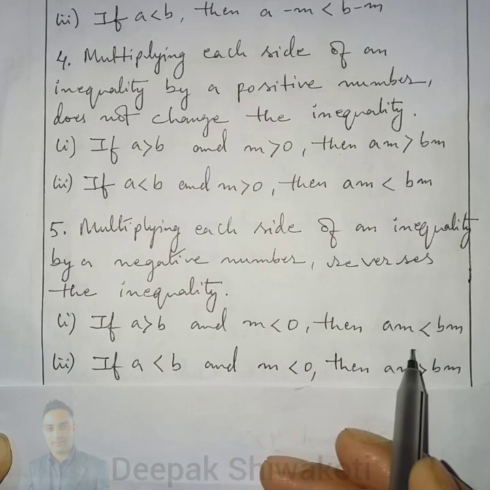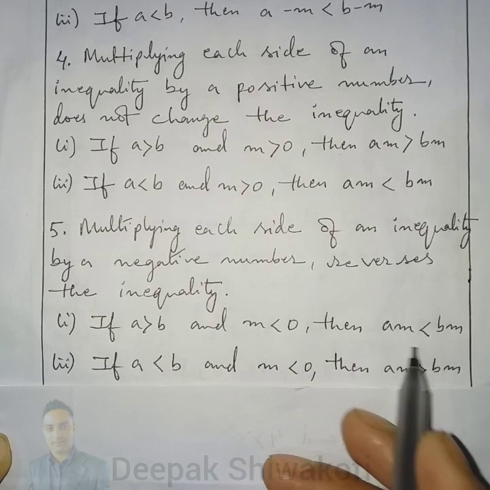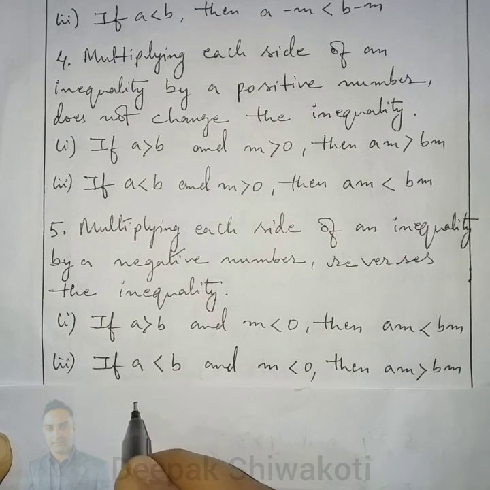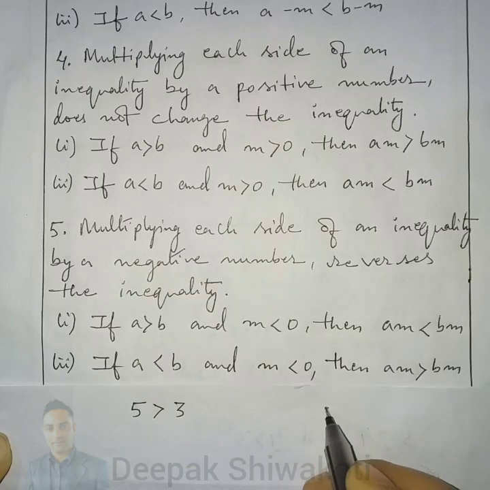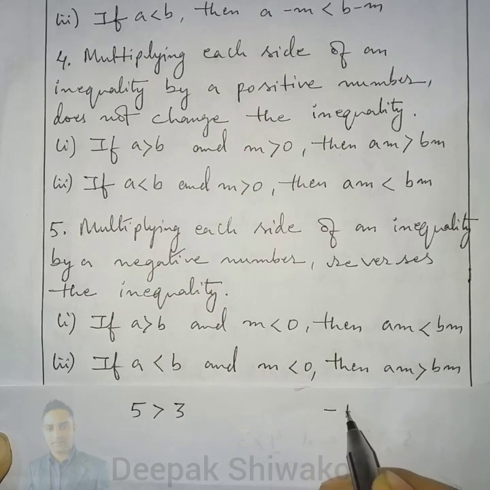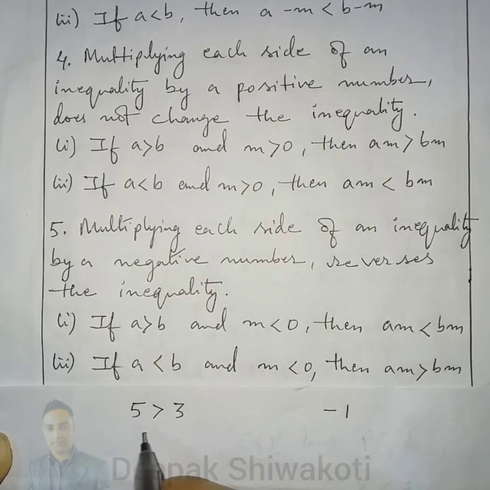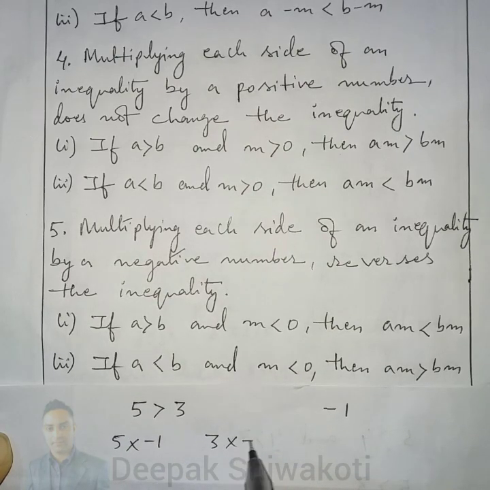Then am is less than bm. Suppose here we write 5 is greater than 3 and a negative number, minus 1. We multiply each side of this: 5 into minus 1, 3 into minus 1.